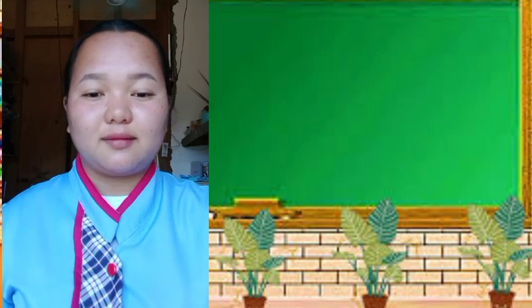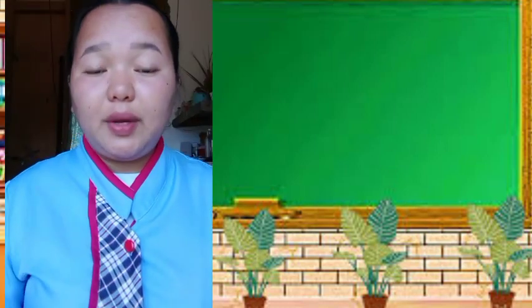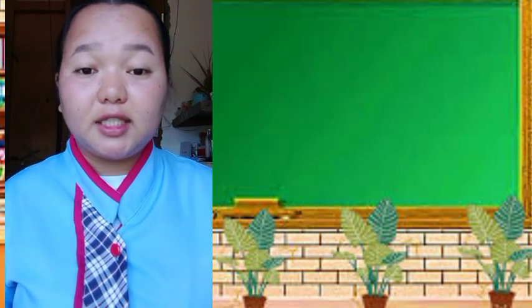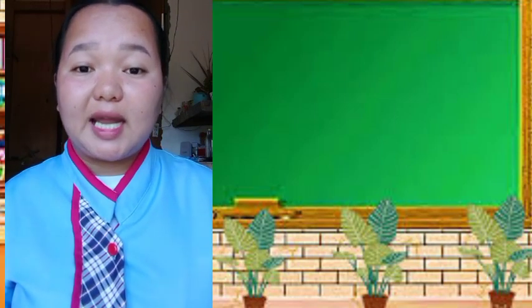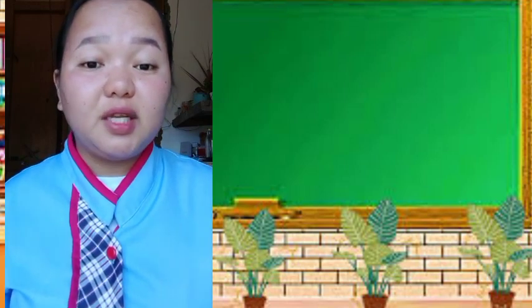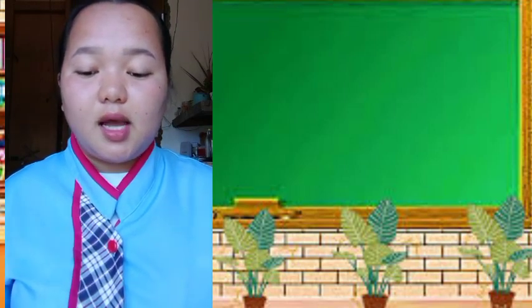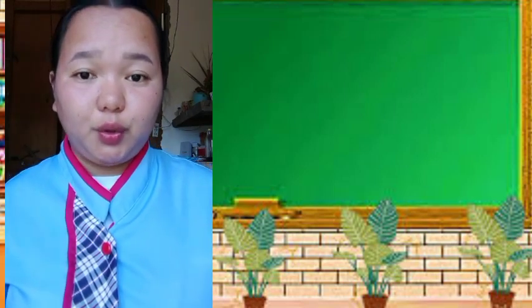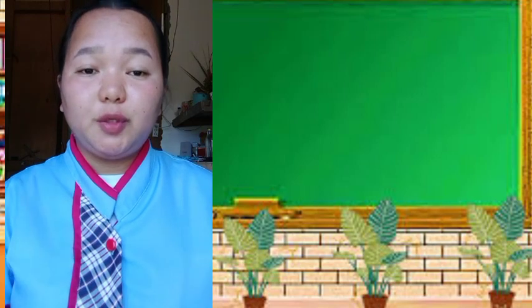Okay, very good. Since we are done with our discussion, I have prepared here a graphic organizer collaborative activity. You will do this in 15 minutes, and this activity is by group. So I want you to group yourselves first.